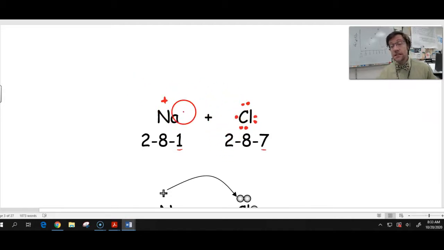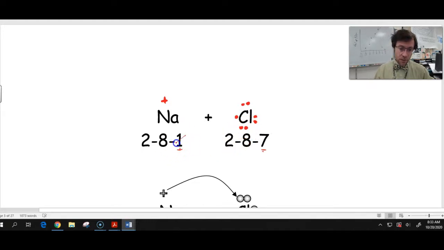So we put these two together, and if we go to Table S and look at the electronegativities, the difference is indeed greater than 1.7. That indicates electrons are going to be transferred. It's easy to tell who's going to lose and who's going to gain, even if you don't remember that sodium is a metal and therefore loses, and chlorine is a nonmetal and therefore gains.